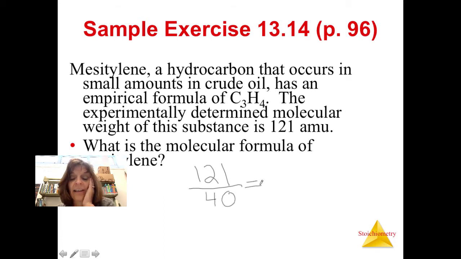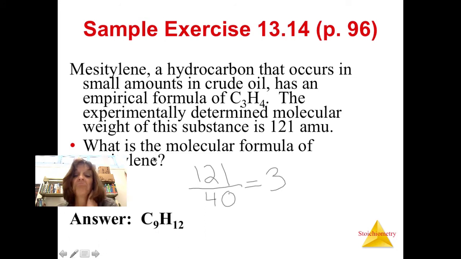So if we divide that out, I think we can see that that's approximately 3. And that means that we would take 3 times our empirical formula to get the molecular formula, C9H12.